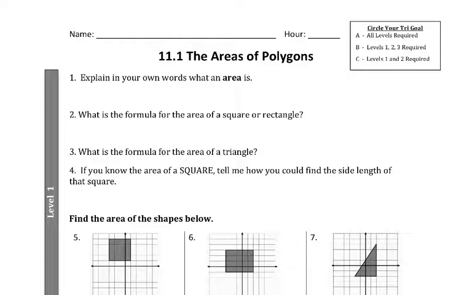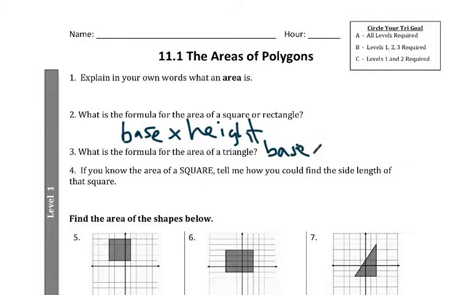Okay, question 2. What is the formula for the area of a square or rectangle? That is going to be the base times the height. And then the formula for the area of a triangle is going to be the base times the height, and then some people write this in 2 ways.